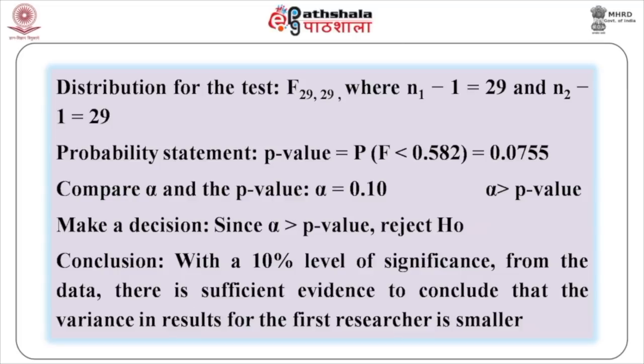We have alpha equals 0.10, and we can see that alpha is greater than the p-value. So make a decision. Since alpha is greater than the p-value, reject the null hypothesis. Conclusion. With a 10% level of significance from the data, there is sufficient evidence to conclude that the variance in results for the first researcher is smaller.